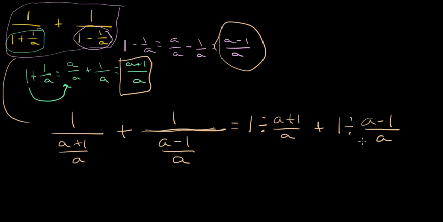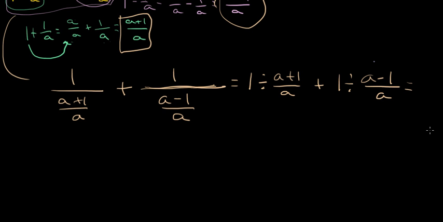And of course, in order to do that, I've got to flip the second fraction upside down. So I have 1 times a over a plus 1, plus 1 times a over a minus 1.